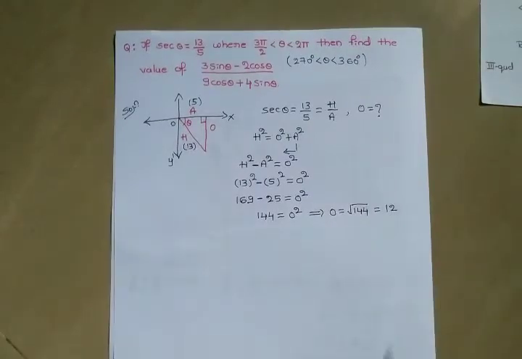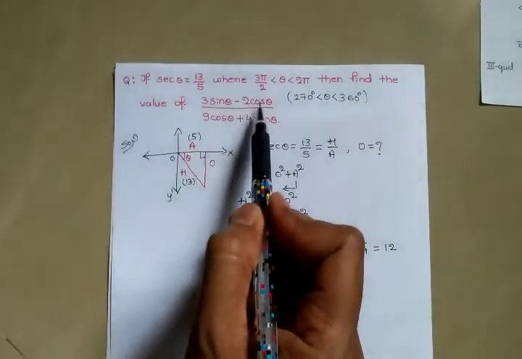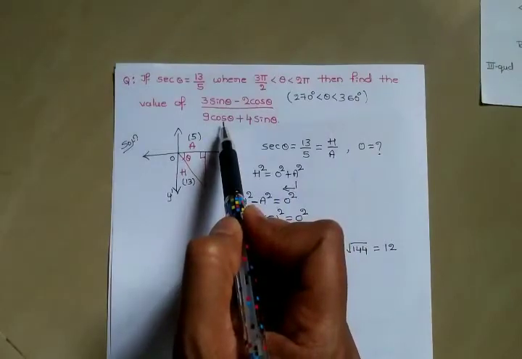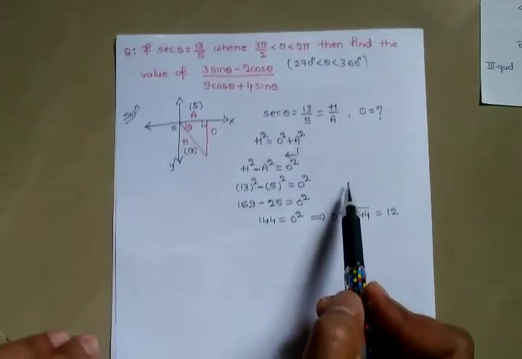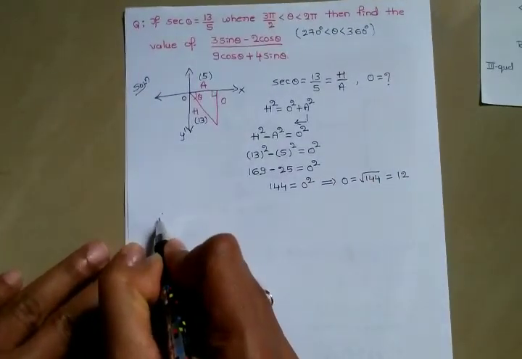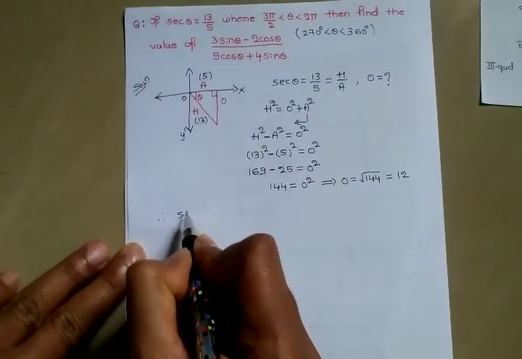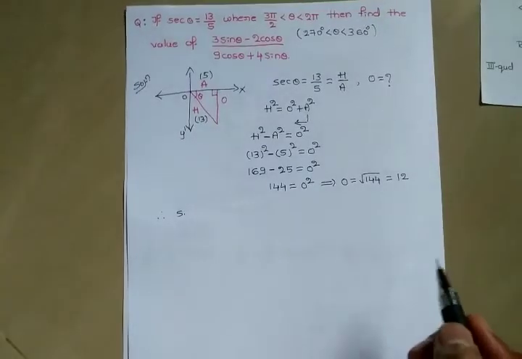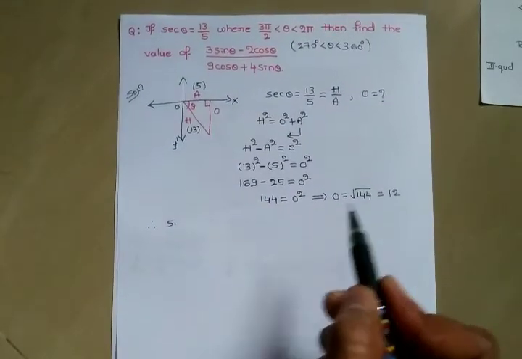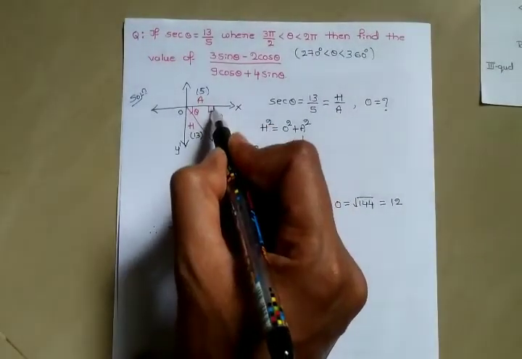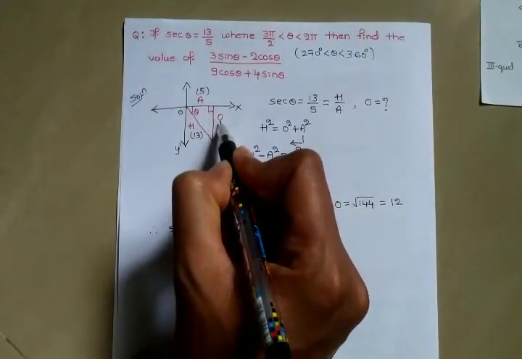12. So now we need the sine value and cos value. Before that, see here, you got the opposite side value as 12.